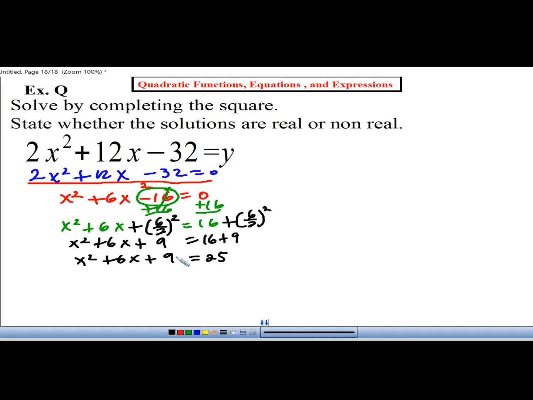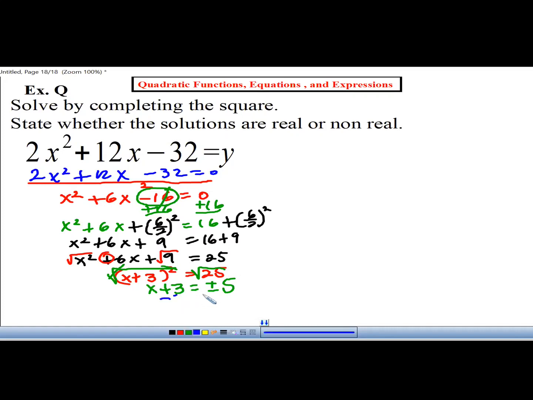Okay. Next, I need to factor the trinomial. How do I do that? Shortcut. Square root of the first term, x, square root of the last term, 3, sign of the middle, plus. So (x plus 3) squared equals 25. Next, take the square root of each side to get rid of that squared on the left. So we're left with x plus 3 equals plus or minus the square root of 25, which is 5. Solve for x.